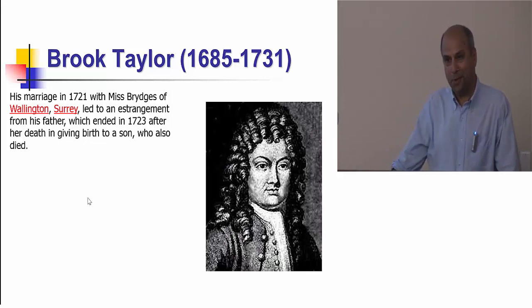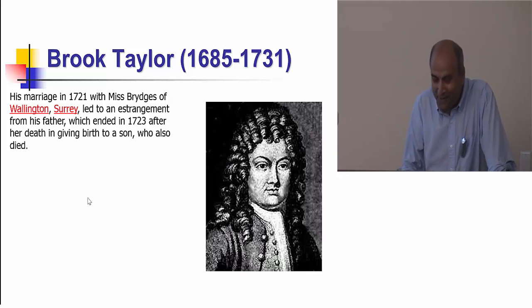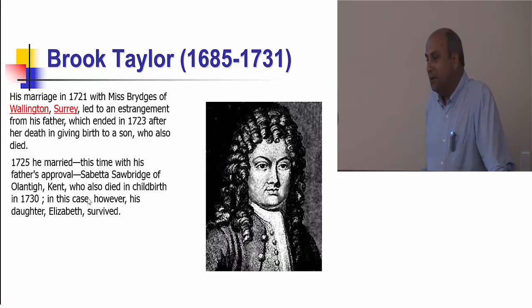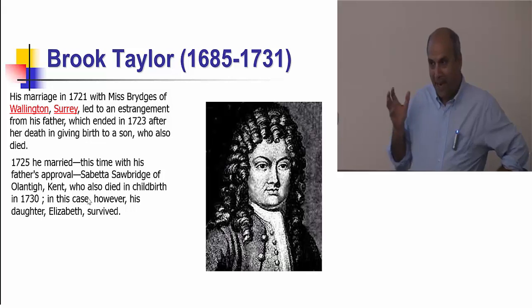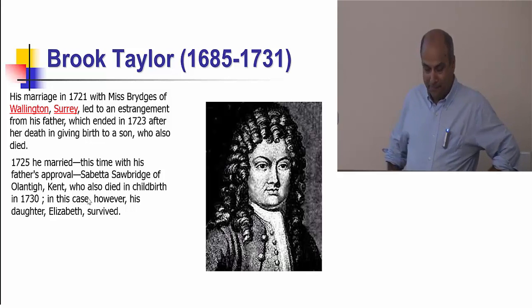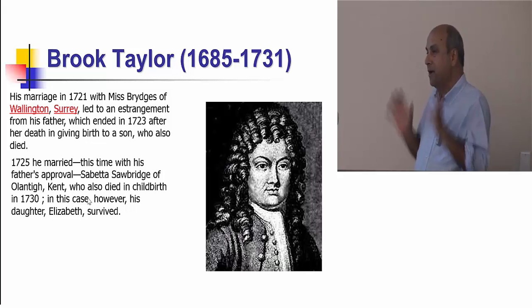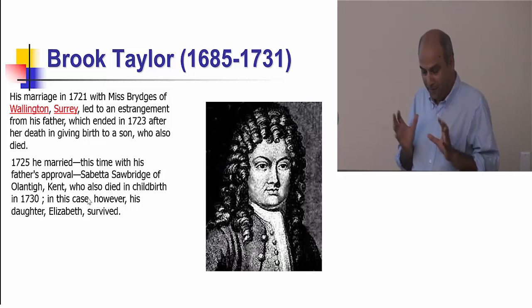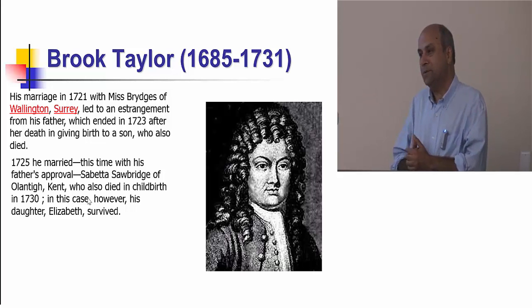It was very unfortunate because his father was so mad. Then in 1725 he married again, a lady from Kent, another county in England, who also died in childbirth in 1730. But this time his father was happy with the marriage. His daughter Elizabeth survived, which is good.